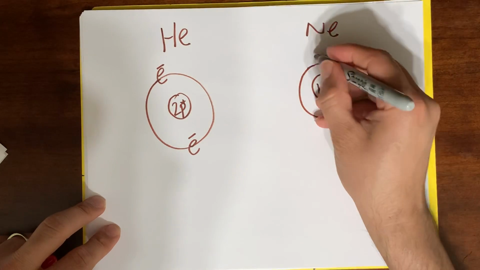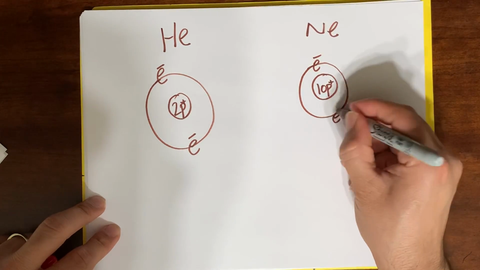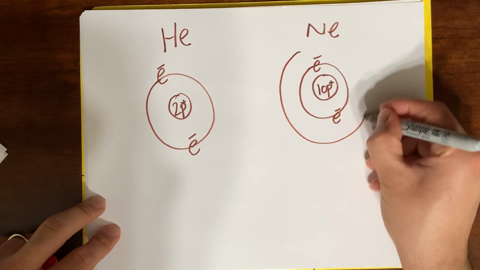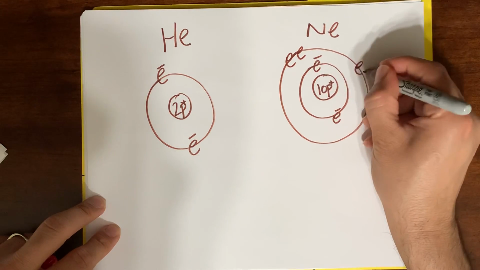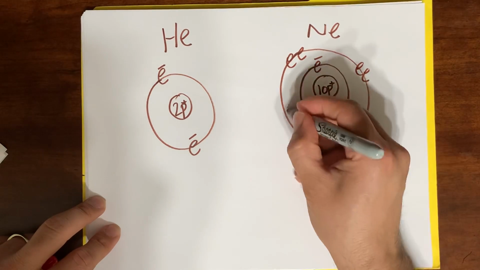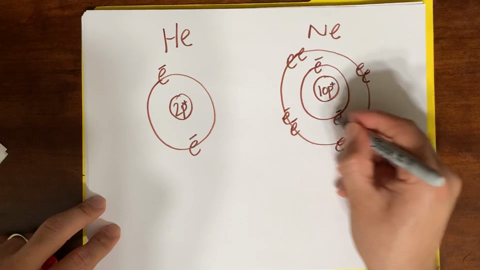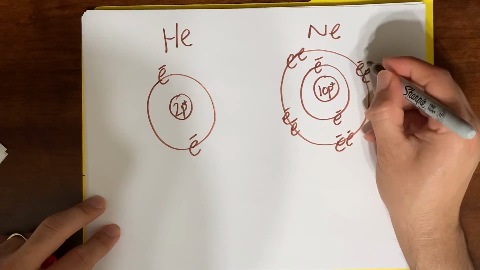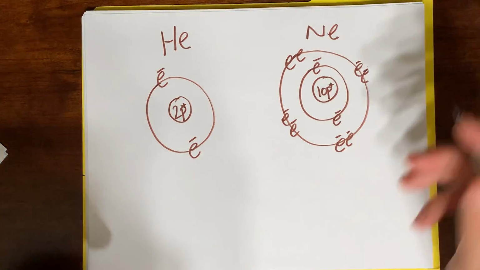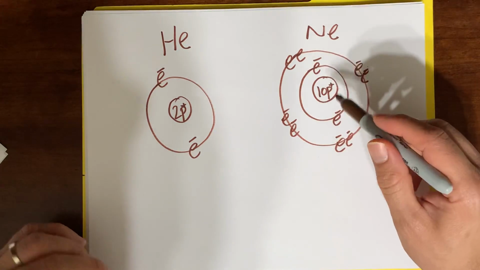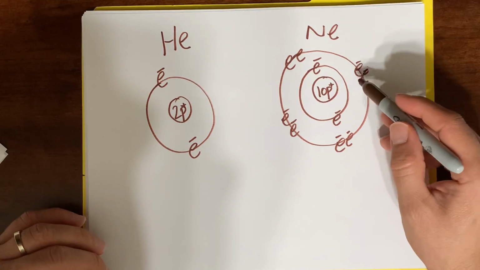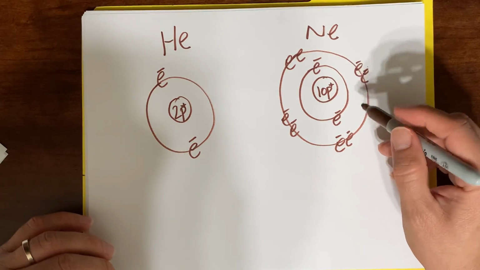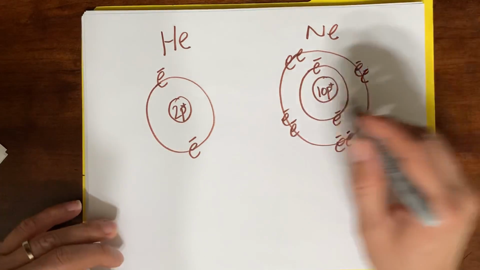First layer, you have 2 electrons. Then you have the second layer with 8 electrons in it. As you increase the number of electrons, repulsion is going up. So now we have more repulsion. Because we have more repulsion, size is going to get bigger.